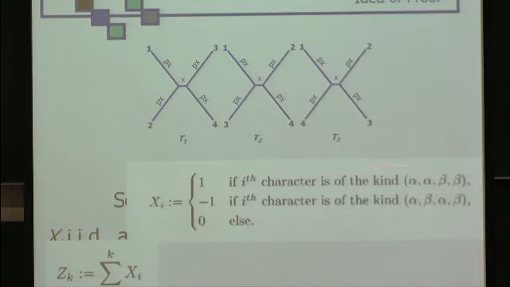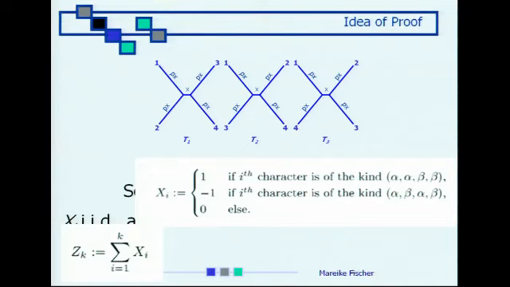So it's 1 if the first tree is supported, -1 if the second tree is supported, and 0 else. Then we introduce another random variable, the sum of the first k such random variables. Note that this sum will be larger than 0 if and only if the first tree is favored over the second tree. And we can do the same thing for the first tree being favored over the third tree.